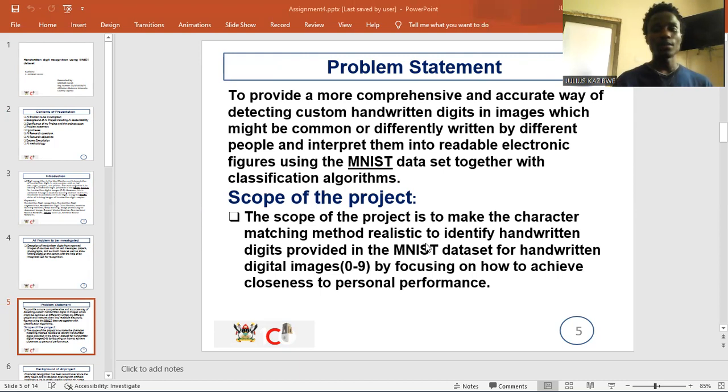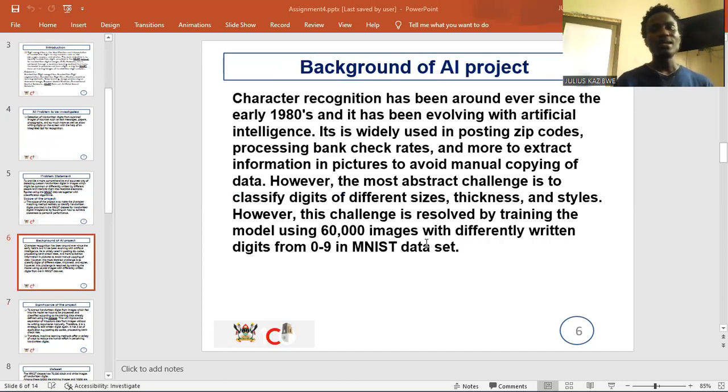The scope is only to detect characters, and we want to make it so close to how a person would read digits from a given paper, so realistic and so automated, that we really appreciate the art of AI.